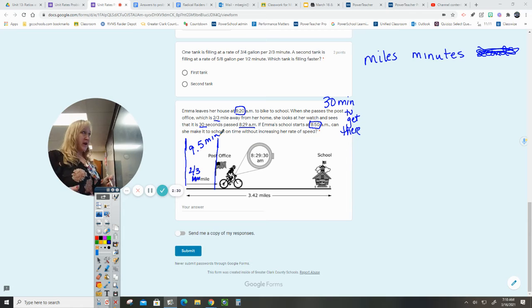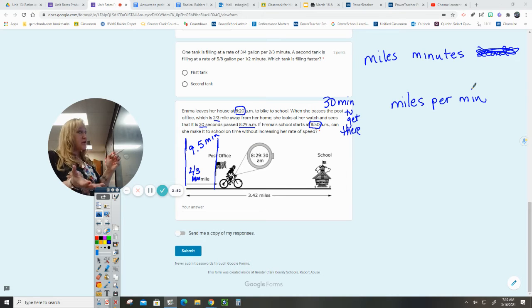So there's my rate per minute. Okay. So we're going to do miles per minute. So big picture, just remember miles per minute. But first you have to find out the two numbers.